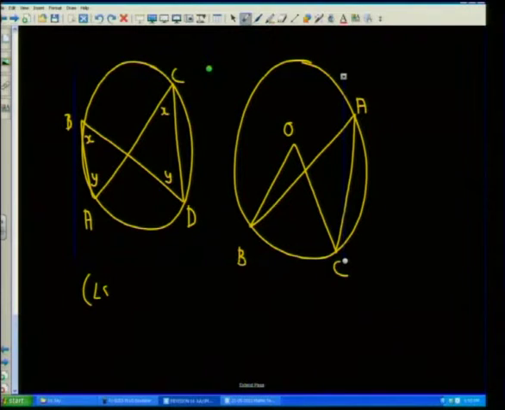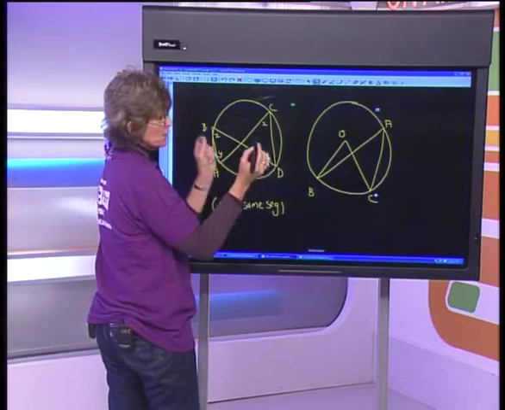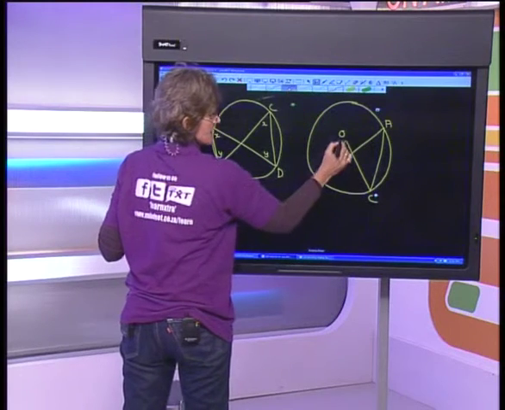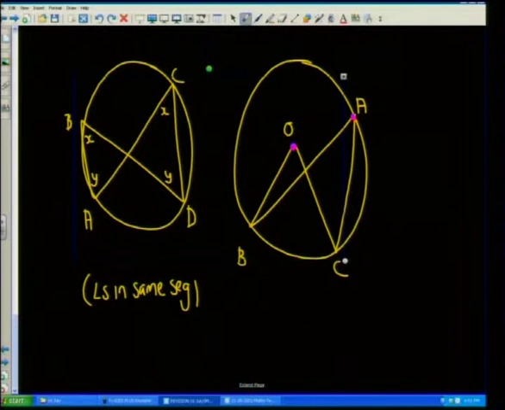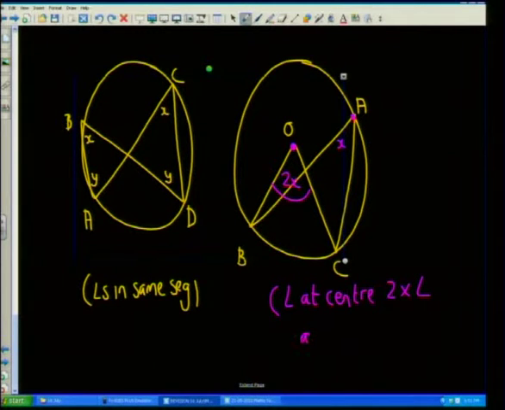My reason would be angles in same segment. Whereas this one, although it almost looks like a bow tie and cat's ears, the very big difference is that this one is subtended to the center, that one is subtended to the circumference, and so whatever this one is, 2x, that one there is going to be x. That is an application of angle at center is 2 times angle at circumference.